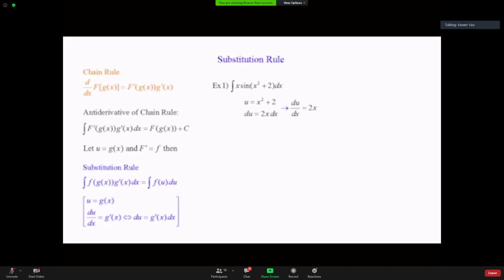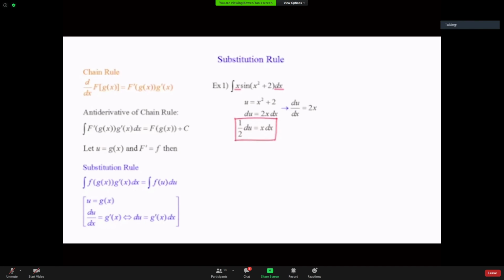Notice in the integrand, we have an x dx, so we need to divide both sides of our equation by 2 to get x dx on its own, giving us 1/2 du equal to x dx for the final line in our substitution box.